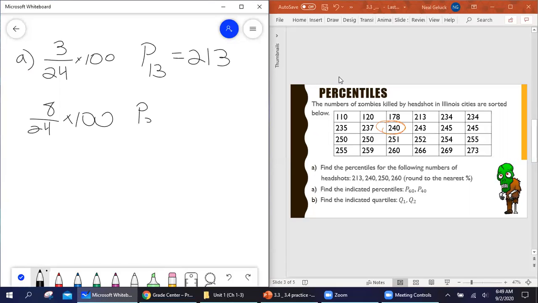We're going to round to the nearest, that would be P33. So 240 headshots represented P33.